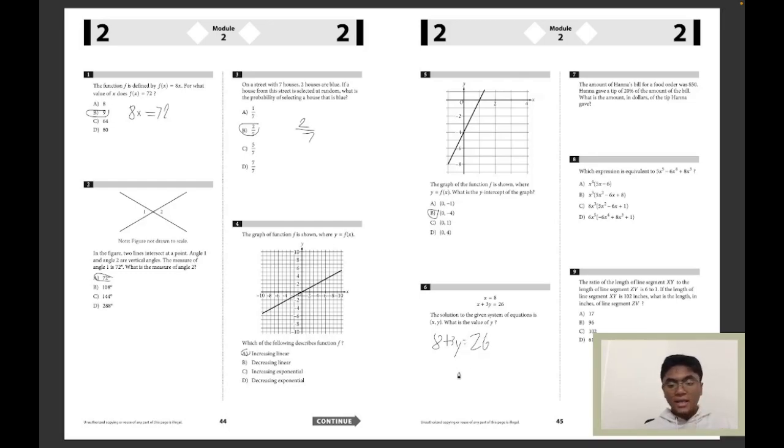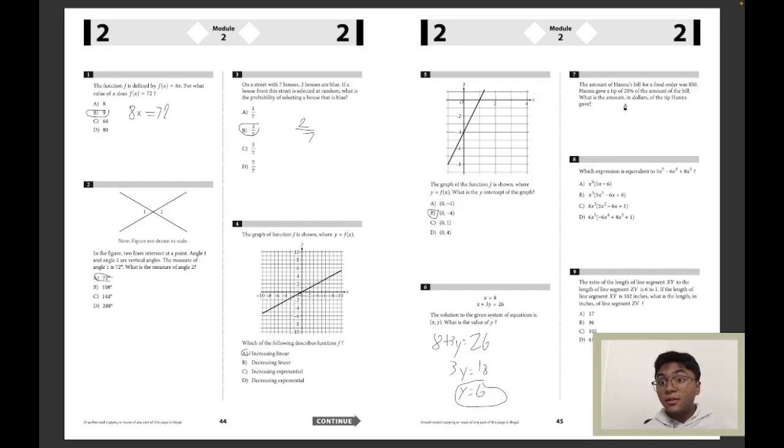So if I subtract across the 8, you get 3y is equal to 18. So y is going to be equal to 6. So that's the answer.